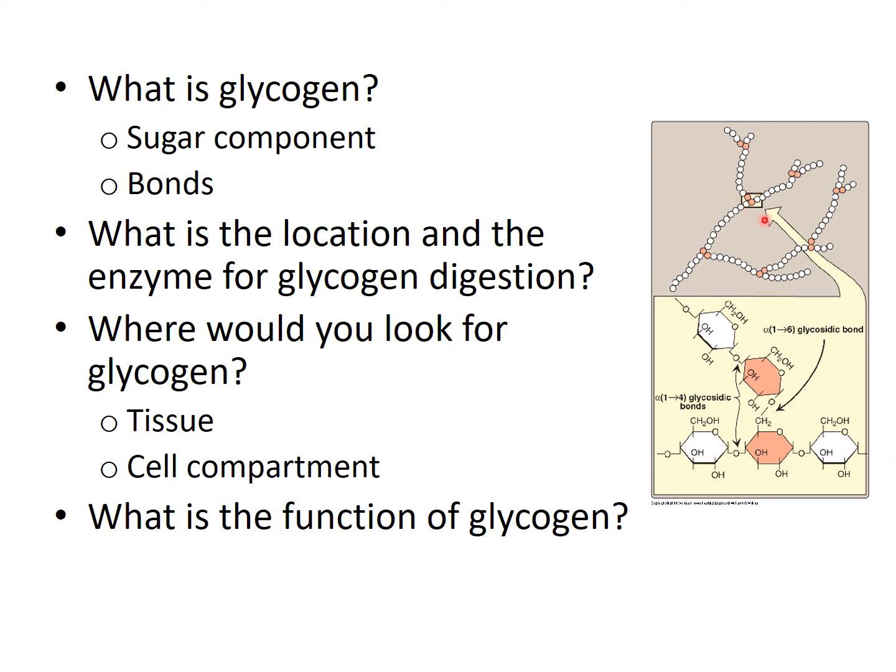However, there are branch points in which a glucose unit binds to another one with an alpha-1,6 glycosidic bond. And from this junction point, another amylose chain, another straight chain, can start to build.